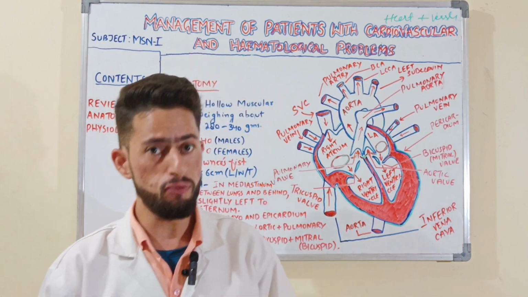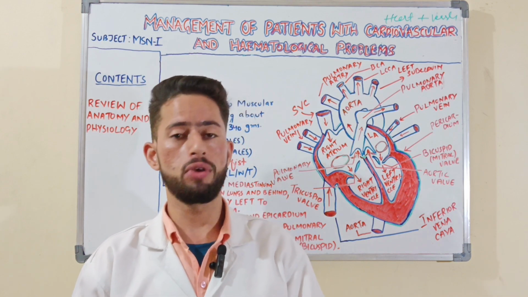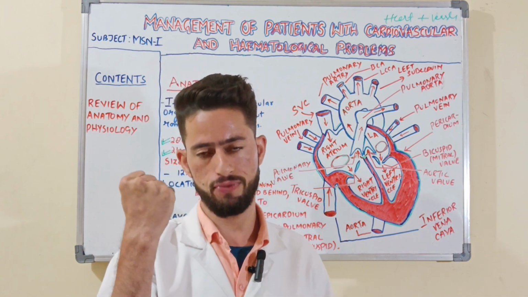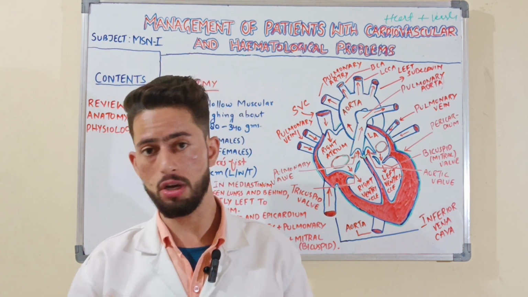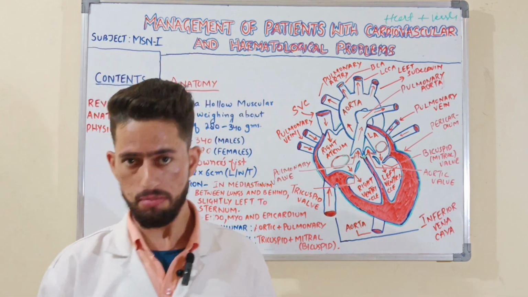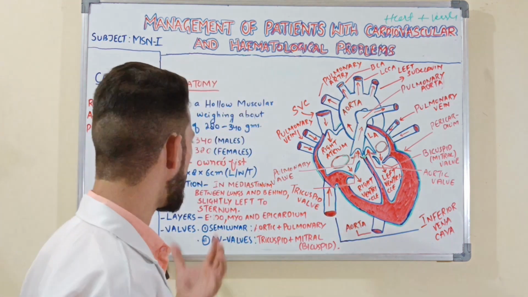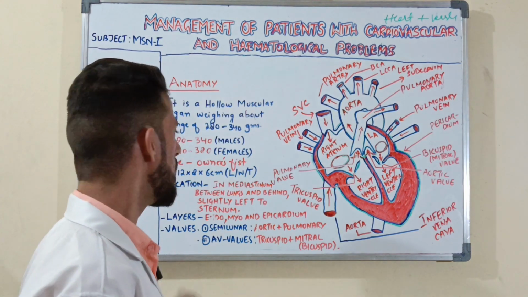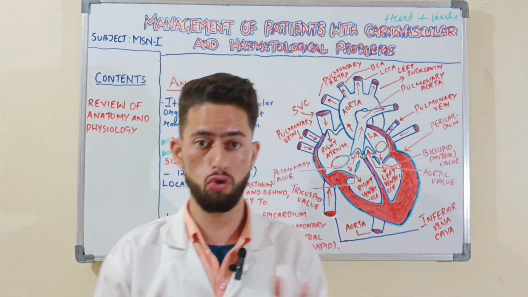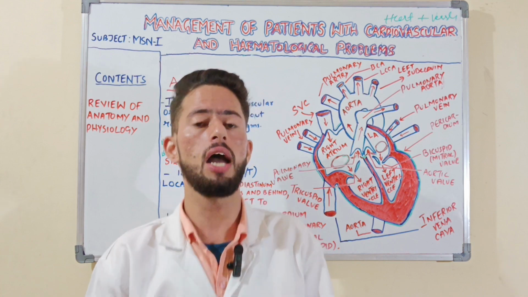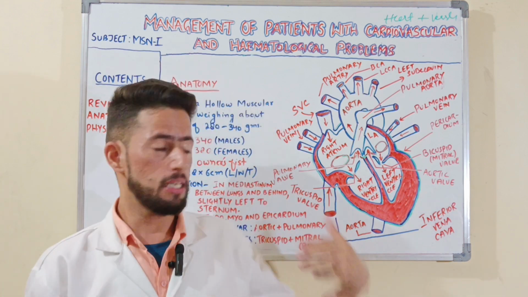If we talk about the size of the heart, it is about the owner's fist. The length of the heart is 12 centimeter, the width is about 8 centimeter, and the thickness is 6 centimeter.